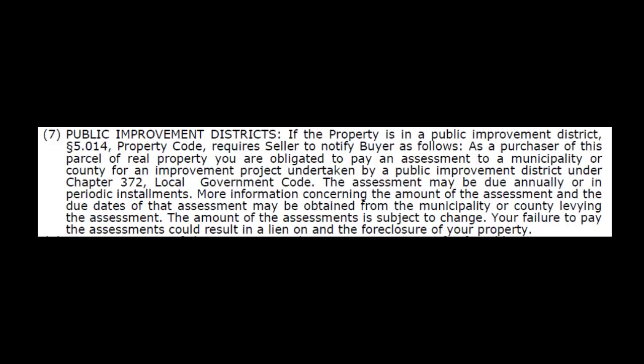If you're in one of those areas, you're going to be made aware of the additional tax that you're being charged, and you'll get a notice for that. Heritage is a very nice area, by the way, and so whatever public improvement is going on there is paying off because it's a really nice area.